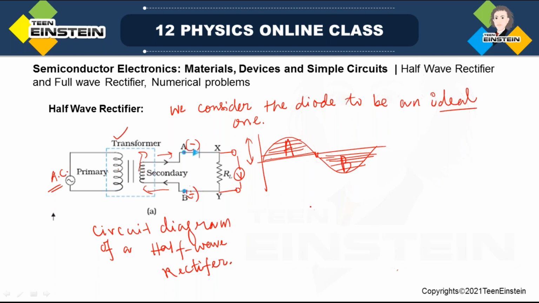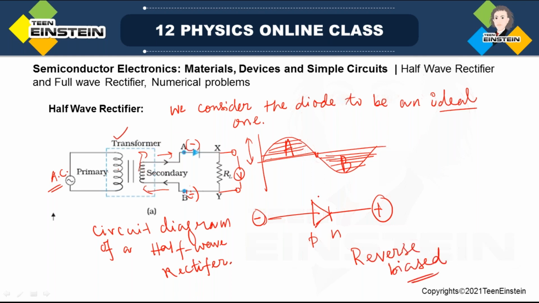That means now, how is the biasing of the diode? This is P and this is N. Now this is negative and this is positive. So now it is actually reverse bias. Okay, now it is reverse bias.